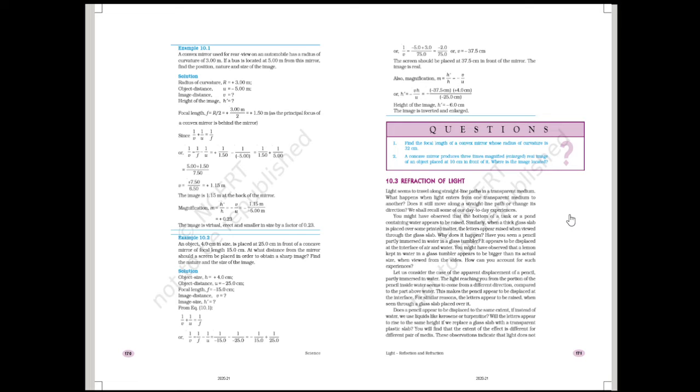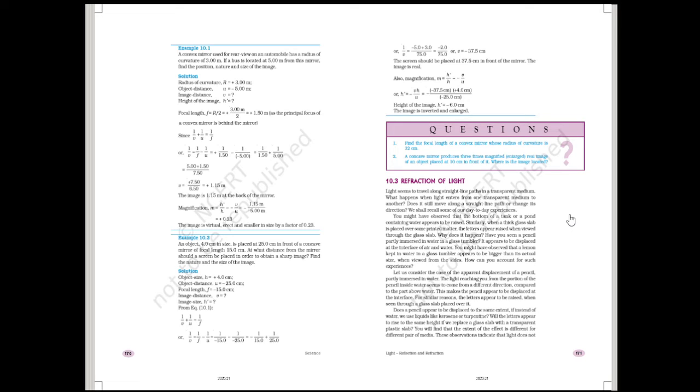Now, here are certain examples: when a thick glass slab is placed over some printed matter, the letters appear raised when we view through the glass slab. Why does this happen? When you have seen a pencil partly immersed in water in a glass tumbler, it appears to be displaced at the interface of air and water.